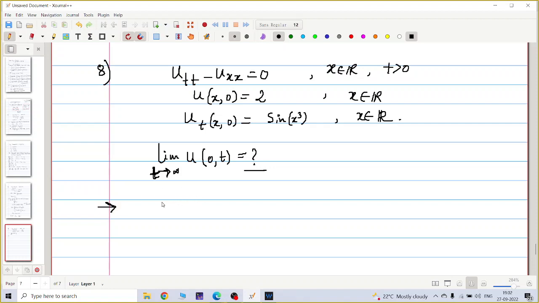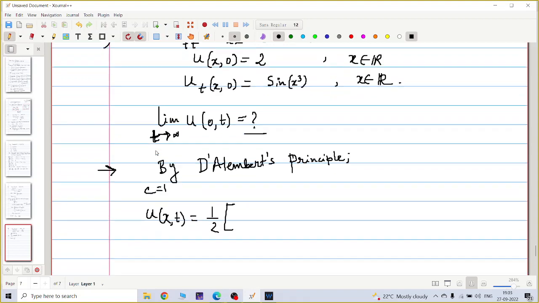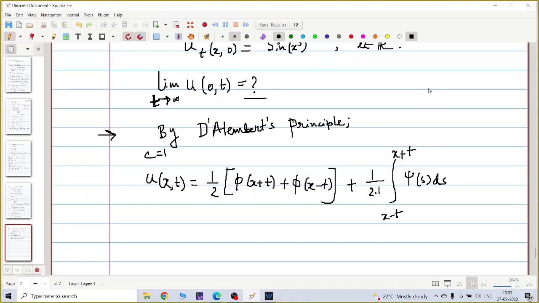By D'Alembert's principle, u(x, t) is half of... here c equals 1, because u_tt equals u_xx. So u(x, t) equals half of phi of x plus t plus phi of x minus t, plus 1 by 2c, with c equal to 1, the integral from x minus t to x plus t of psi(s) ds. What are phi and psi?